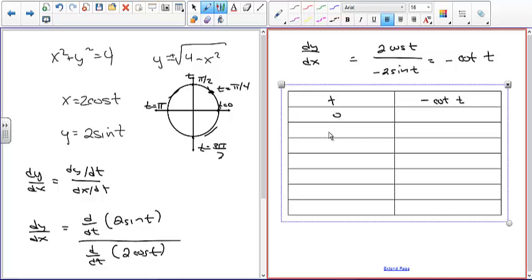So we're going to do 0, pi over 4, pi over 2, 3 pi over 4, pi, 3 pi over 2, and I'm skipping one because I didn't have enough space here, 7 pi over 4.